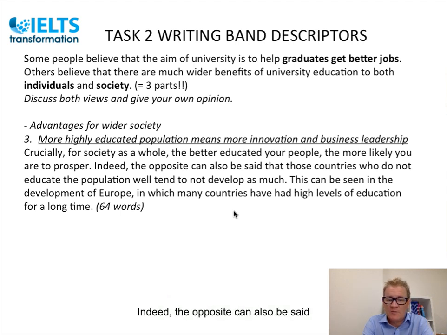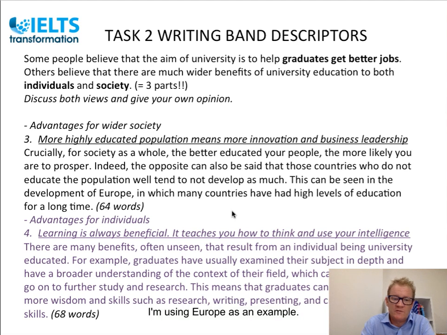Indeed, the opposite can also be said, that those countries who do not educate the population well tend to not develop as much. So now I'm extending the idea. I'm talking about the opposite idea. This can be seen in the development of Europe, in which many countries have had high levels of education for a long time. So there's my example. I'm using Europe as an example. Although Europe's not a country, of course, it's a continent.